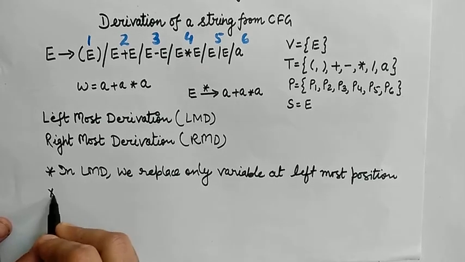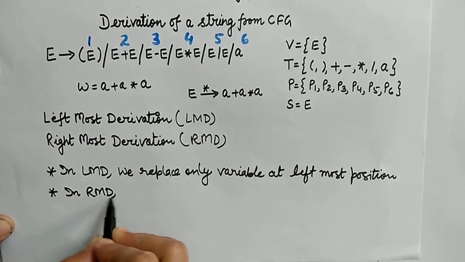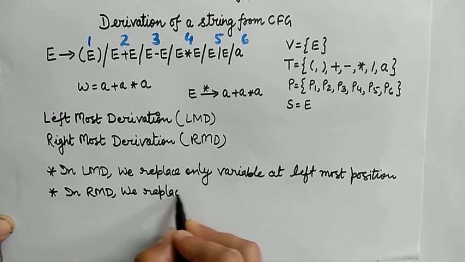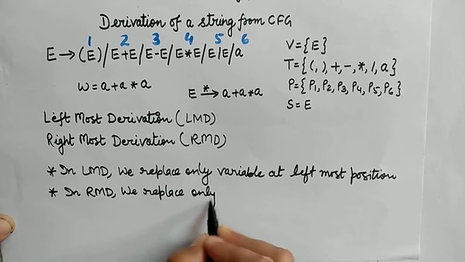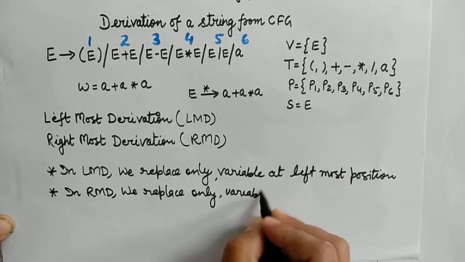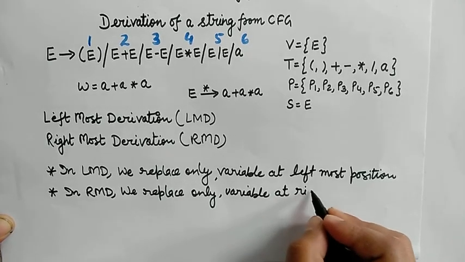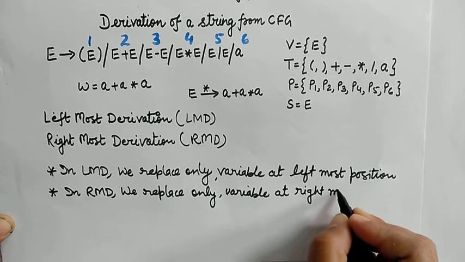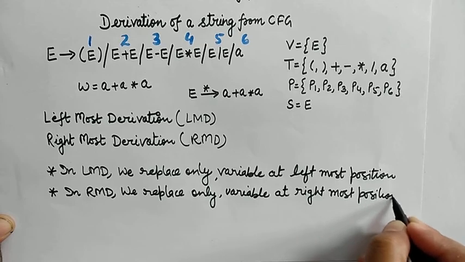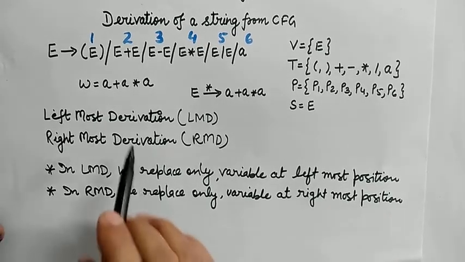And in rightmost derivation, we replace only the variable which is at the rightmost position. We will understand this with the derivation of this string.